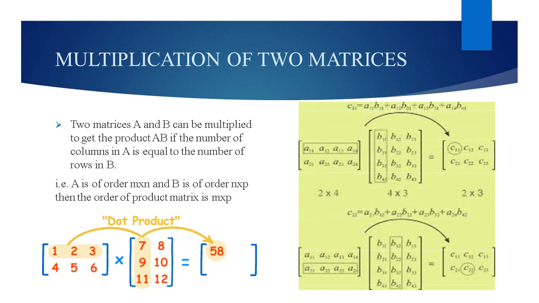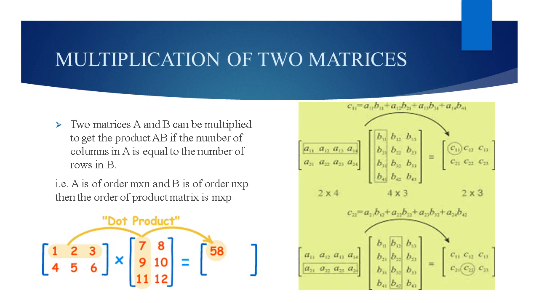See in brief, here it is given C11 equals A11 into B11 plus A12 into B21 plus A13 into B31 plus A14 into B41. Here see the square, the elements are given within the square rectangle. First row is multiplied with first column, then you will get C11.